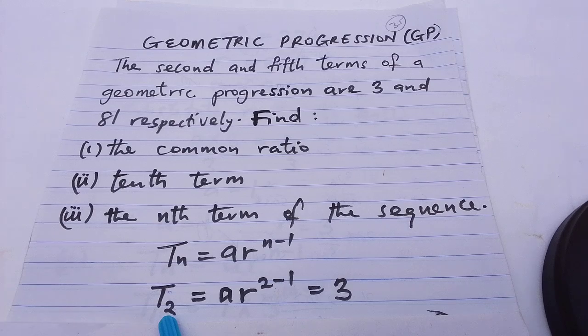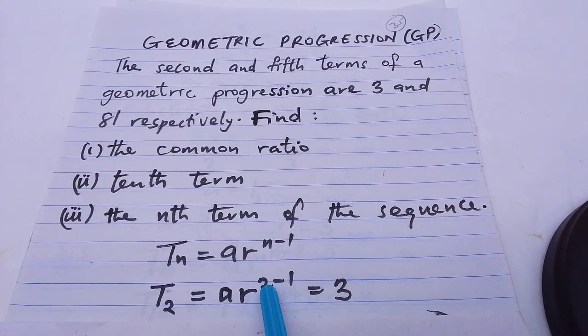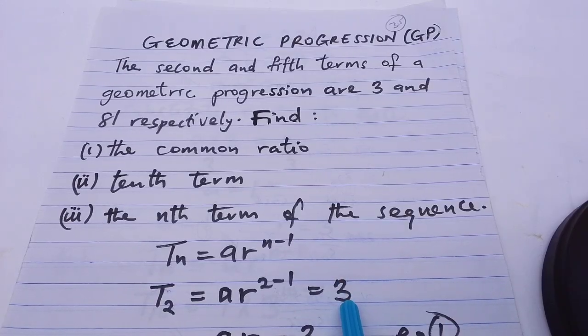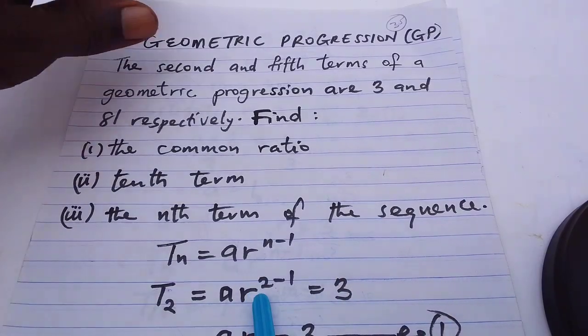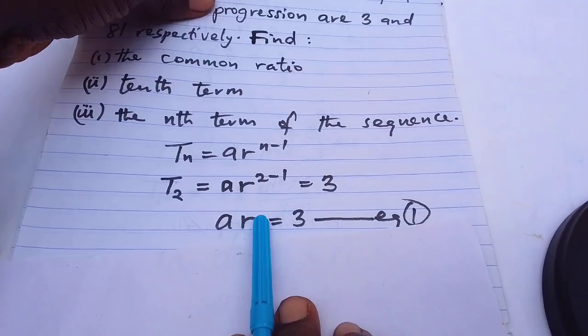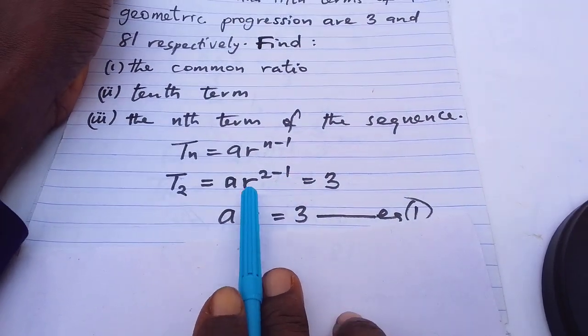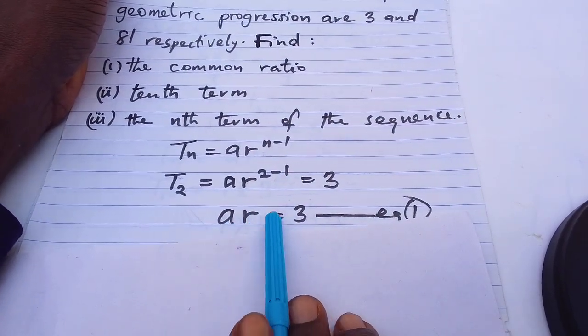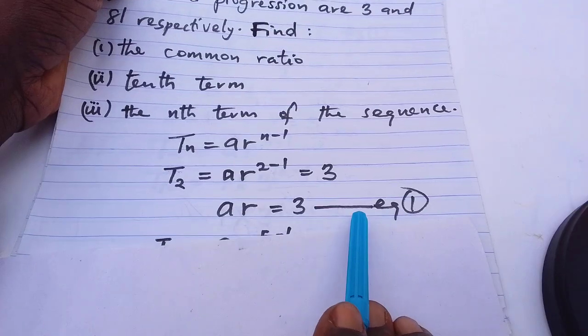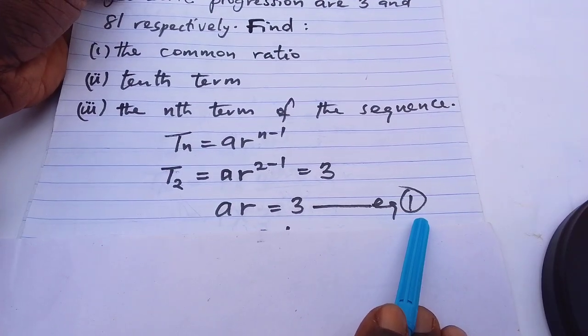Since we are talking about the second term, n is 2. So 2 minus 1 is 1, and we have AR is equal to 3. This will be your equation 1.